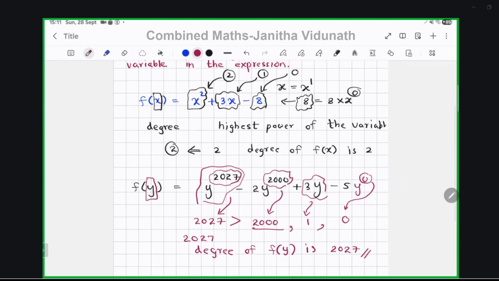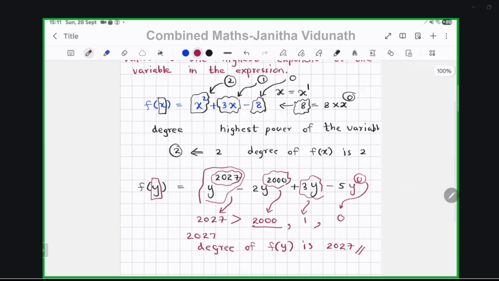Write down these two examples. This is example 1, this is example 2. Here we only need to check the highest power of the variable. Then we give that new name as degree.